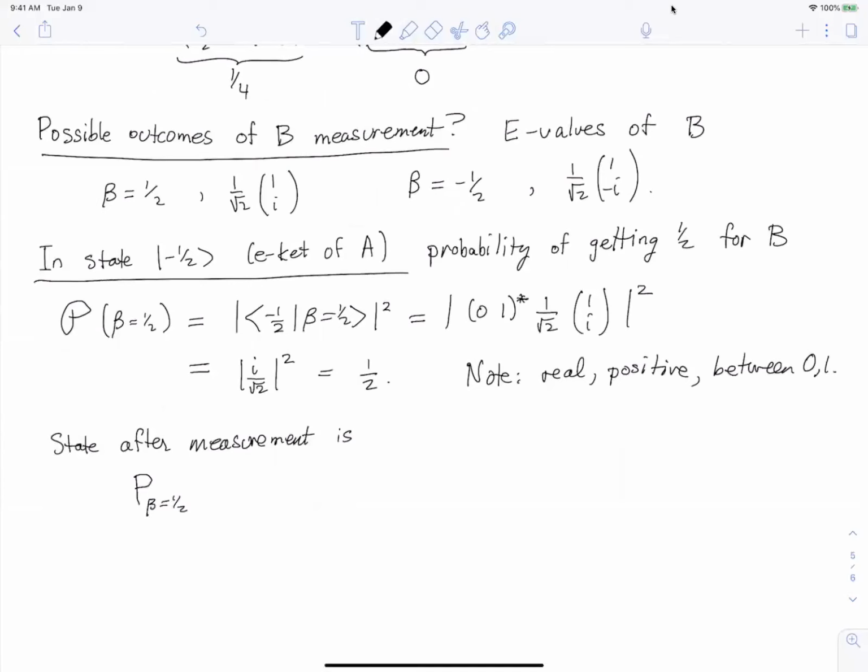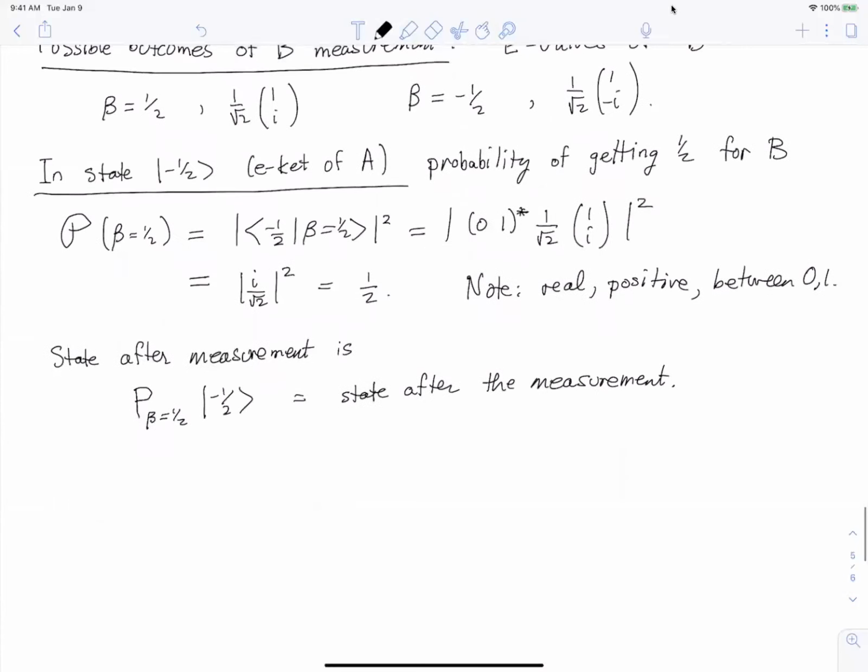That's a specific operator acting on the ket minus 1/2. This is the state after the measurement. In this example, there's no degeneracy in the eigenvalues for B. So this thing right here is the operator, the ket beta equals 1/2 times the bra beta equals 1/2.